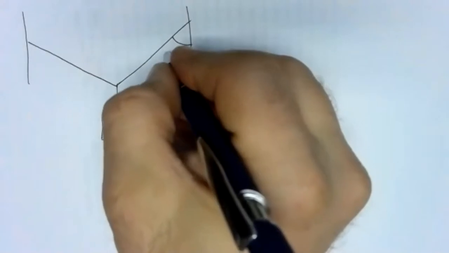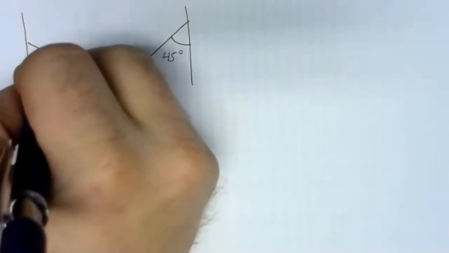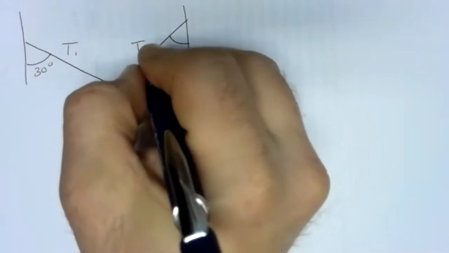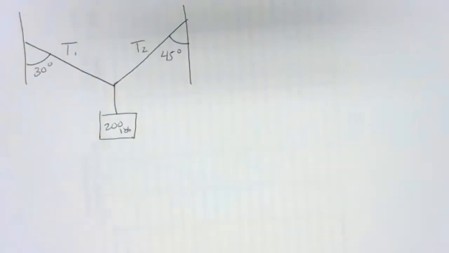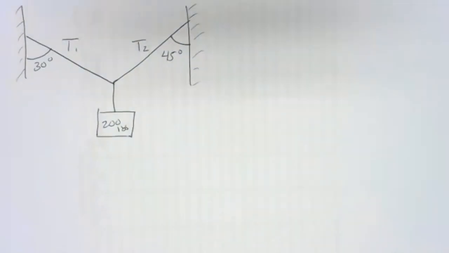We'll make that a 45-degree angle. And we'll make this one a 30-degree angle. And we want to find out the tensions, T1 and T2, that put this system into equilibrium.